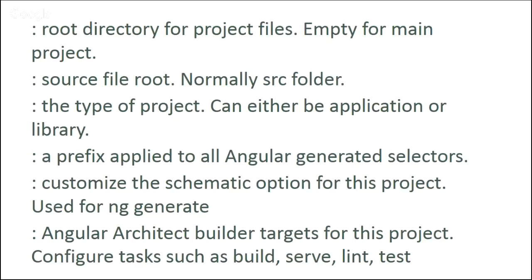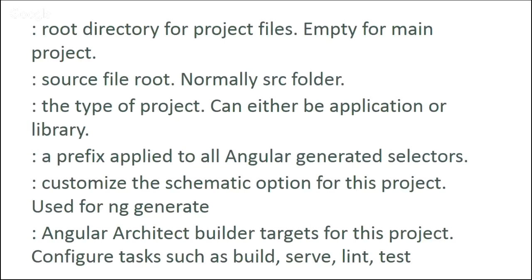So the next part is the prefix applied to all Angular generated selectors. Now, I'm not sure I showed this here, but if you notice, there's something about app selectors. By default it is app, but you can choose to change it to, for instance, your project name.